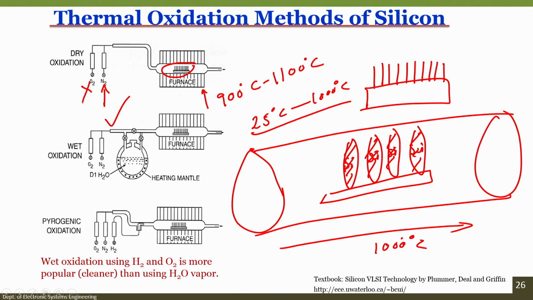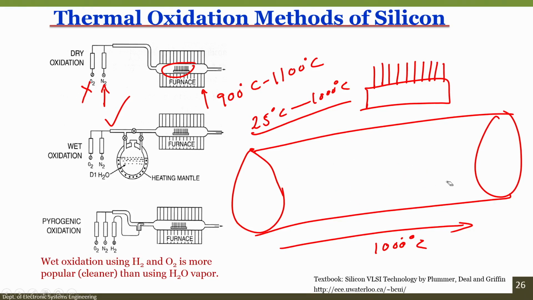If we purge nitrogen gas inside the furnace, then nitrogen being an inert gas, everything is N2, so there is no silicon dioxide on the silicon wafers inside the furnace while the furnace is heating.